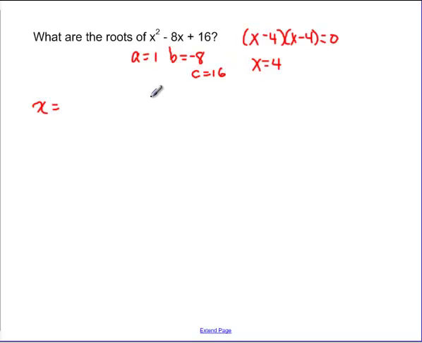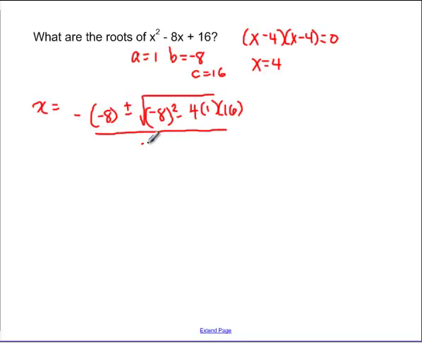So if I do my quadratic formula, opposite of b, plus or minus the square root of b squared minus 4 times a times c, all over 2a.